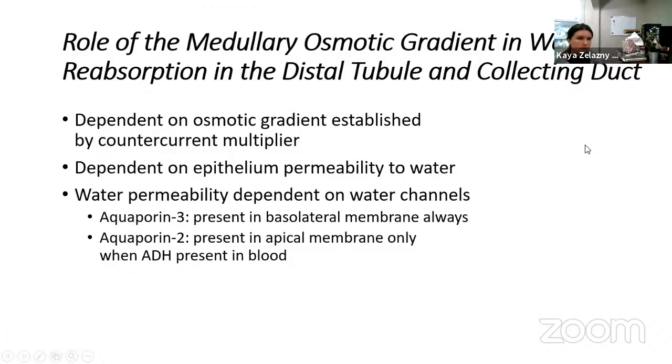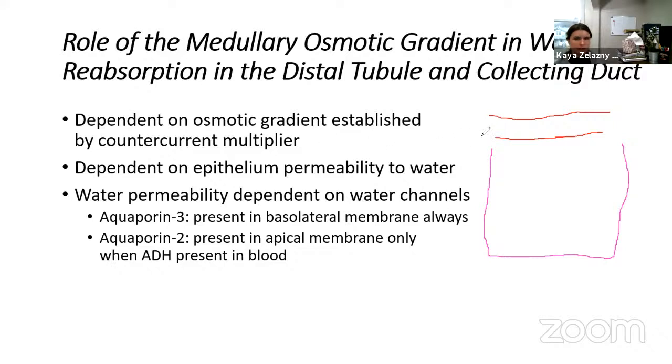So the distal tubule and the collecting duct, let's do them kind of at the beginning, right? But we remember we have our cortex, we have our medulla below it, right? So like this.